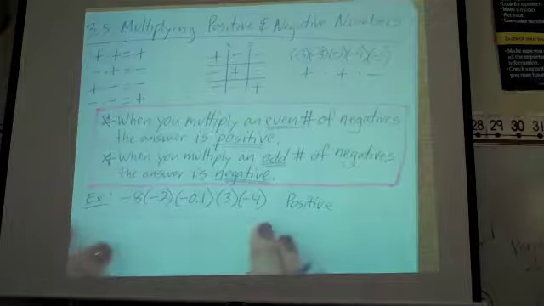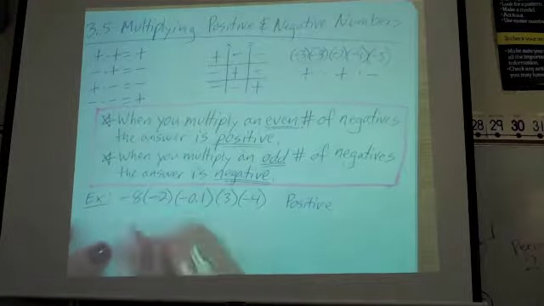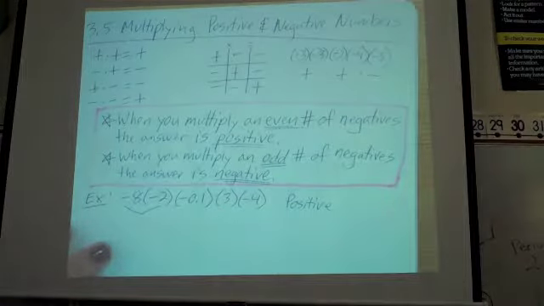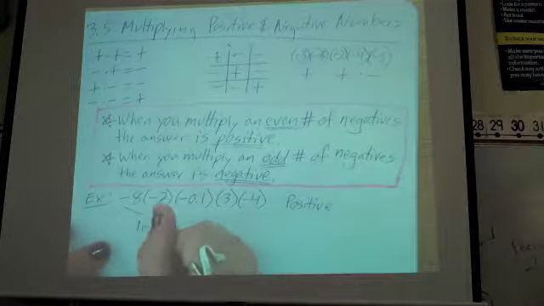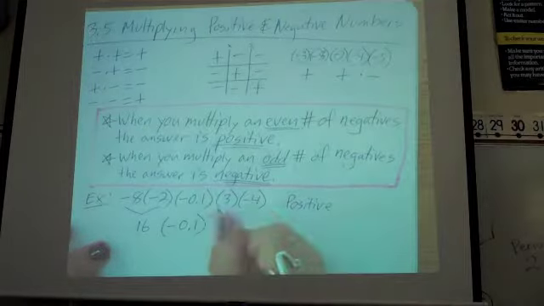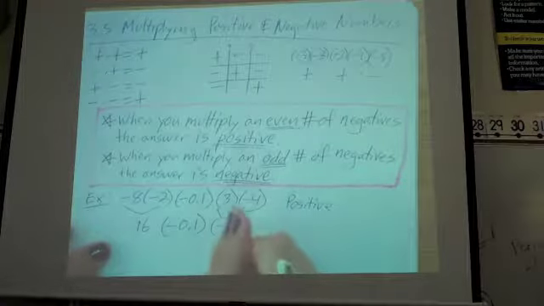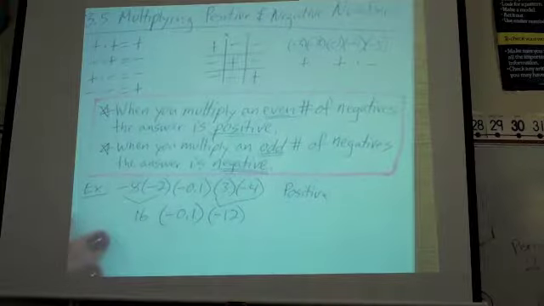Okay. Now let's actually multiply and see if that's actually true. It's all multiplication, so I can use the commutative property and multiply out of order. But I know negative 8 times negative 2 pretty easy. That is 16, so I'm going to start there. I don't really actually want to deal with the decimal yet, so I'm just going to bring that down, times negative 0.1. And what is positive 3 times negative 4? Negative 12, very good. All right. And let's see.